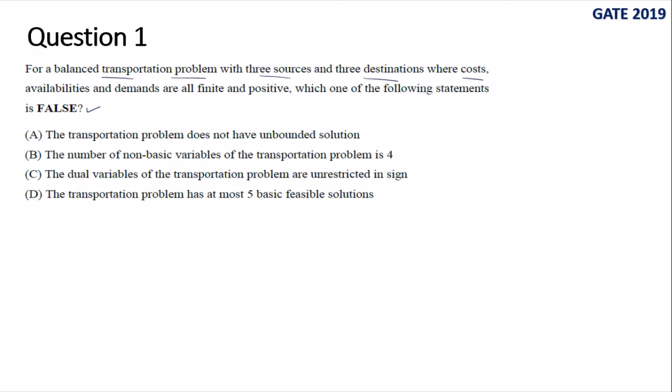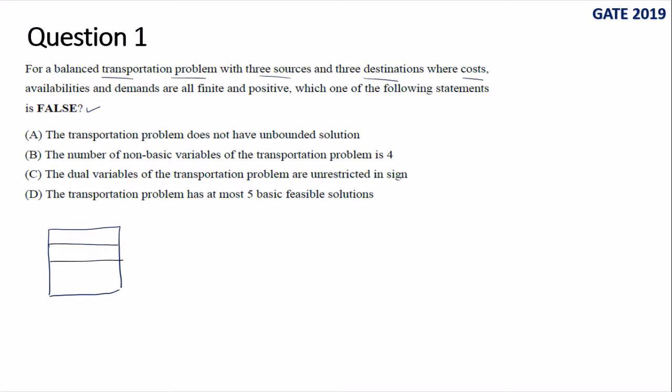To attempt this question, the prerequisite is you should have a thorough knowledge of transportation problem, and in particular the concept of balanced transportation problem. So let me recall very briefly what the transportation problem in general looks like. In a transportation problem, the data given is in the form of a matrix.